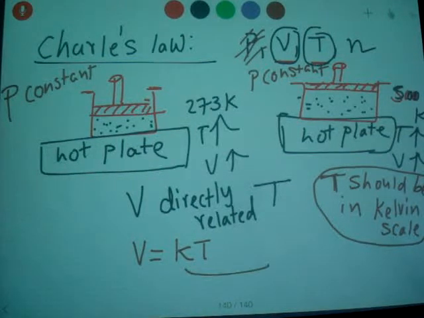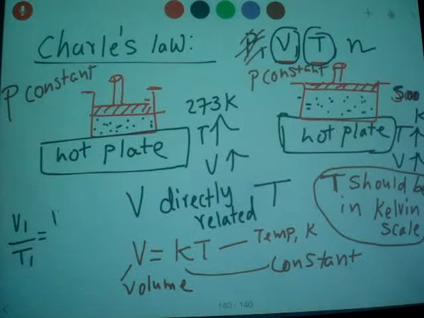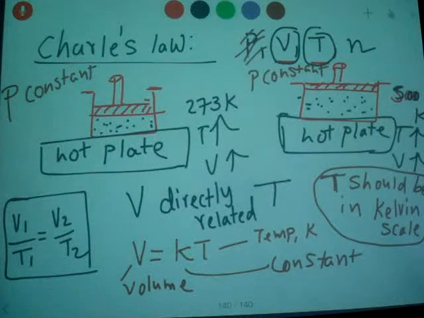K is a constant, T is temperature in Kelvin, and V is volume. And for 2 conditions, he said V1 over T1 equals V2 over T2. So that's the mathematical relationship he came up with.